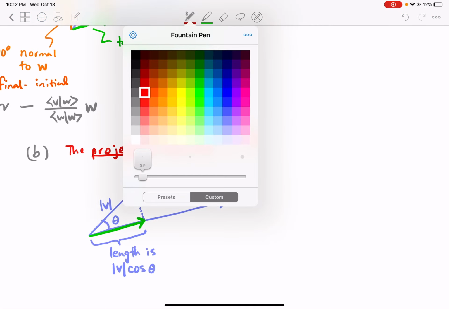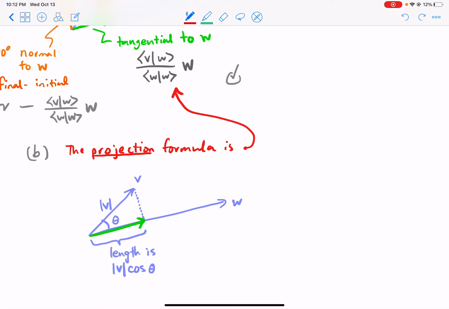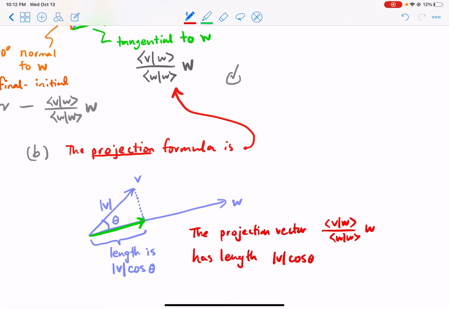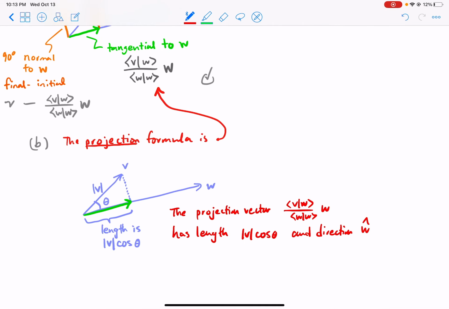And then in words, again, I'll say the projection vector, this one, has length |v| cos theta and direction w hat, where w hat is the normalized vector of w.